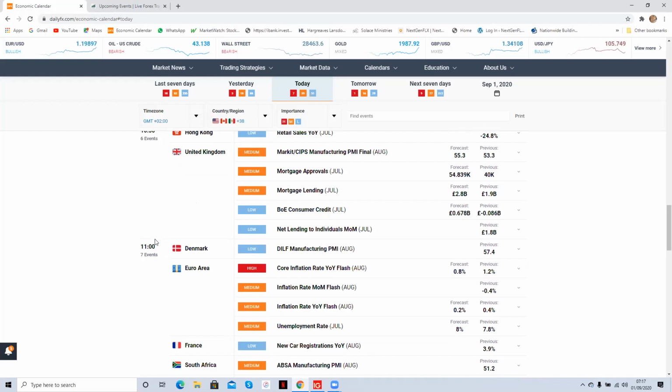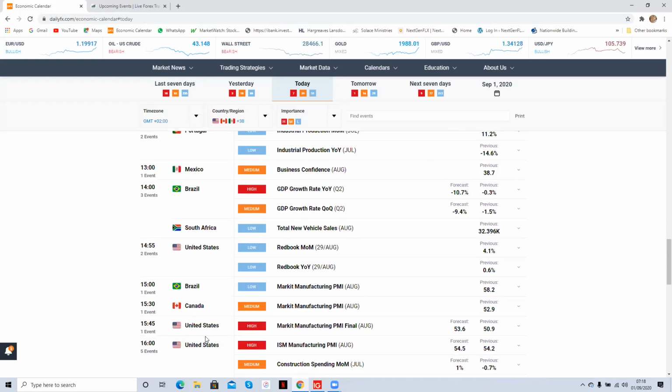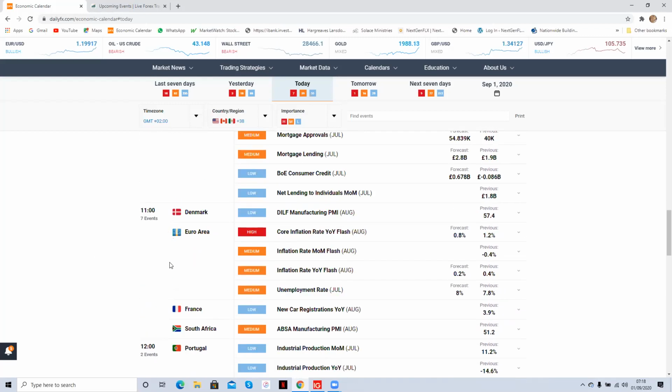And then just before 11 o'clock, I will assess the markets and place my pending orders, getting ready to trade around 11 when this report is announced from the euro area, because this is of huge significance and would have an impact on the euro, and it's of more significance than the last report here. So I'll have my first, or possible first, attempt at the market around that time.